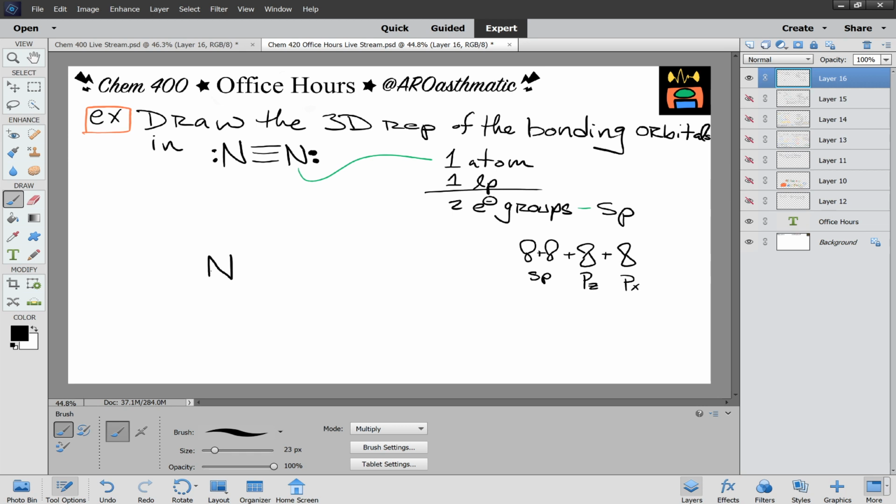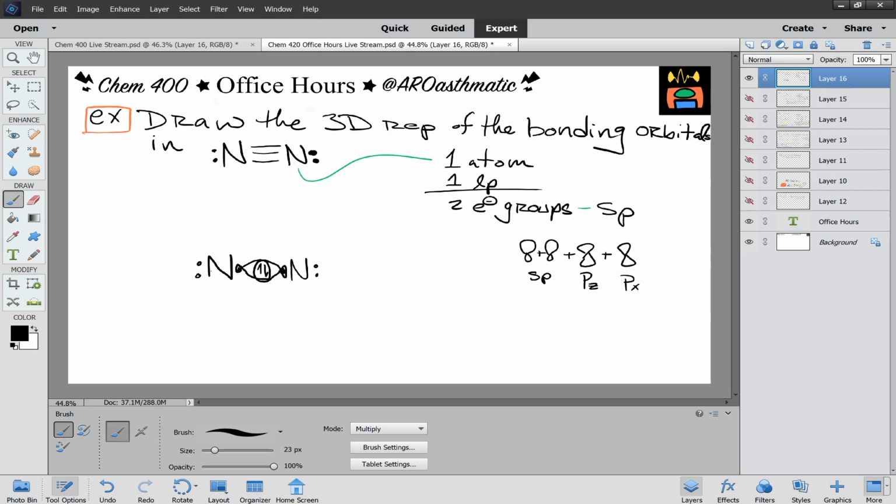For sp hybridization, I like to use pz and px because I think they make it easiest. All right, so now each nitrogen has a lone pair. We're going to have the direct orbital overlap of our two sp hybrid orbitals on each nitrogen to form our sigma bond. So that's our sigma.